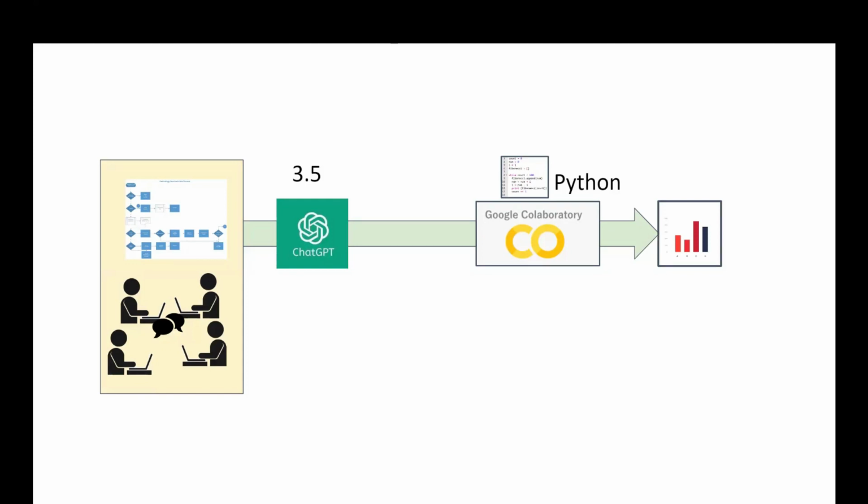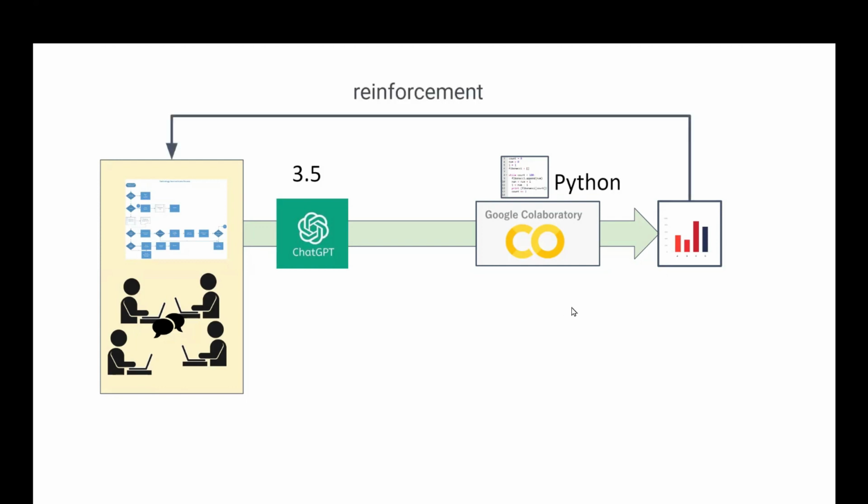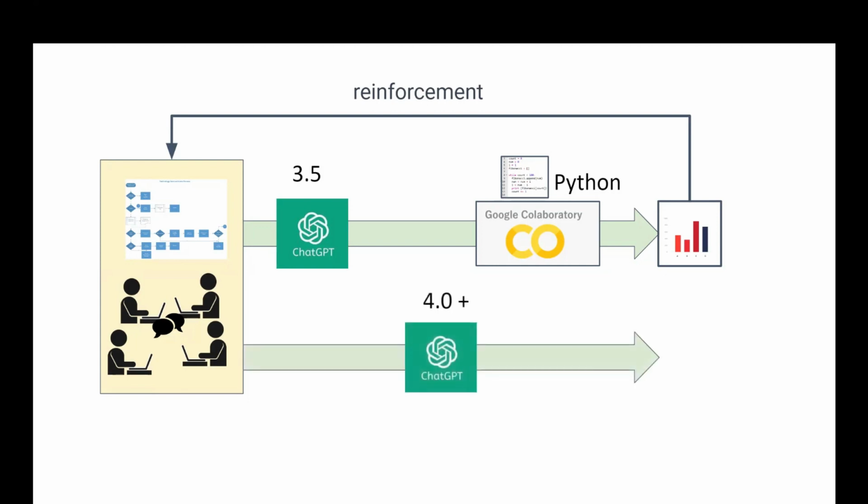Once we have the intelligence from the data, we can feed it back into the game, and perhaps we can win the game using the intelligence. So we're going to do this process today. However, there's another way to do that, which is to use ChatGPT 4.0, and this is a paid version.